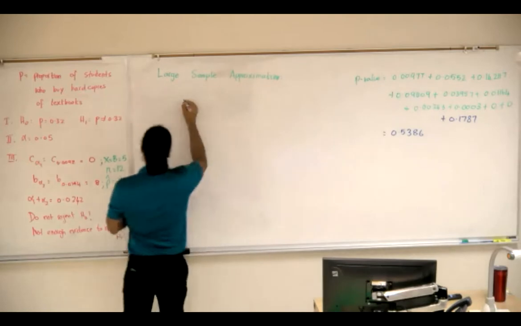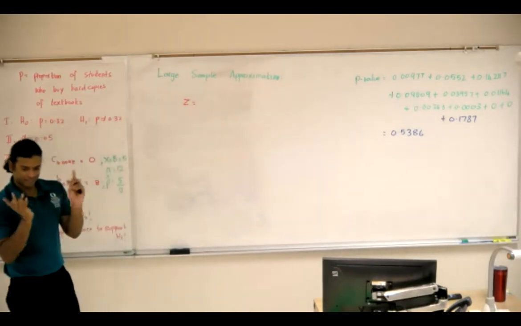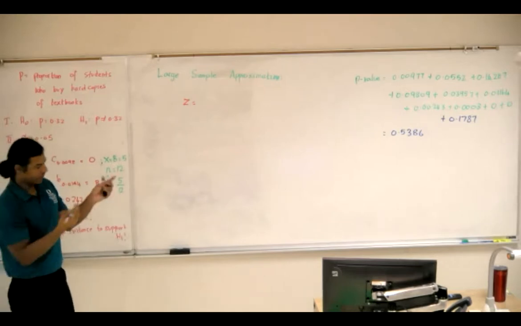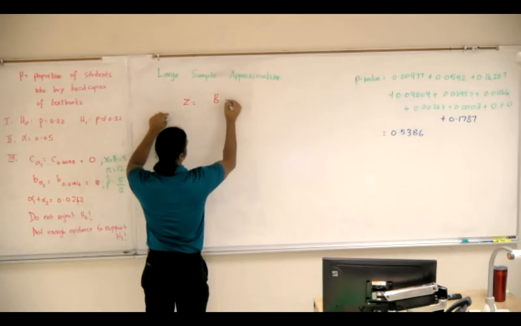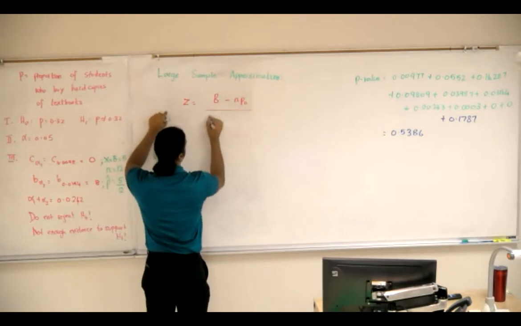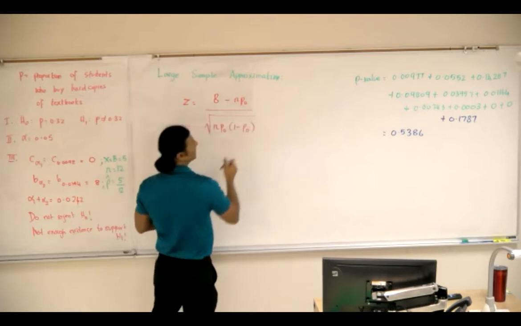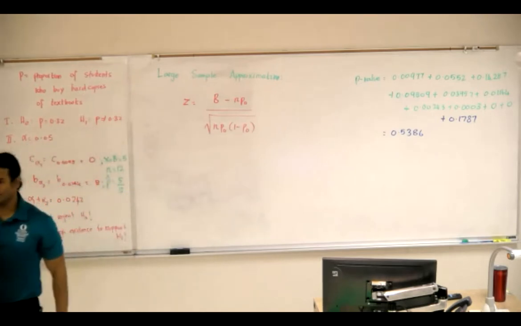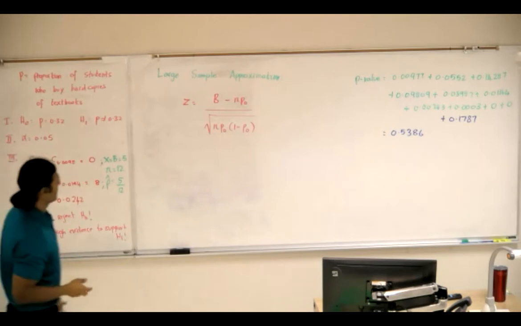Which is Z. I wrote two versions, the P hat one and the one with B. Doesn't matter which one you use. So B minus N times P naught divided by square root of N times P naught times 1 minus P naught. That is the formula you would use if you're using the number of successes.